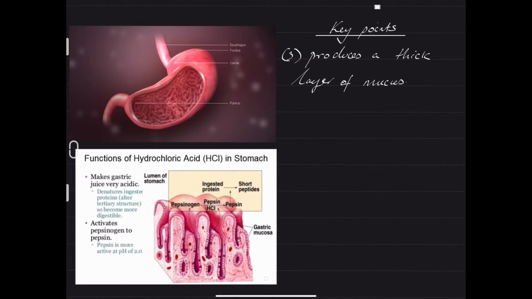By definition, pepsin, which is a protease enzyme, is going to break down protein. Our bodies, our tissues, our organs, our muscles, and any connecting parts of our, let's say, ligaments, for example, are all made up of protein.